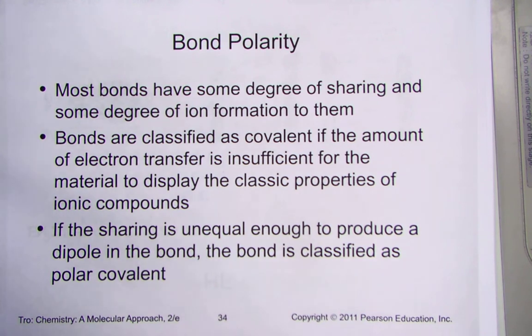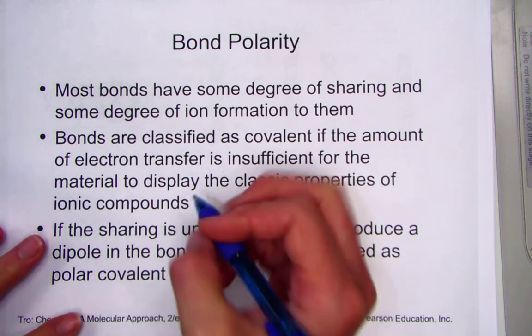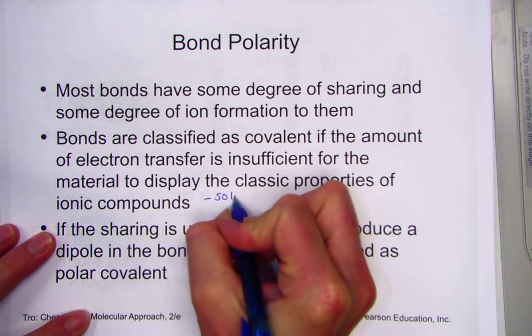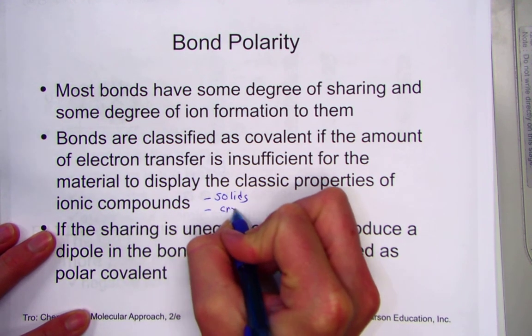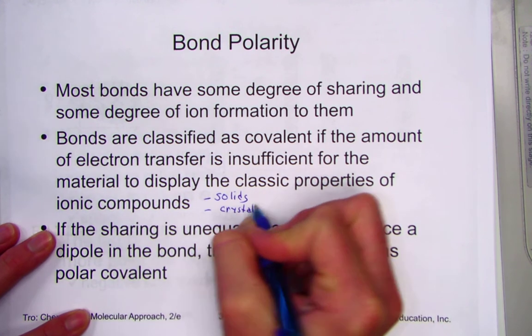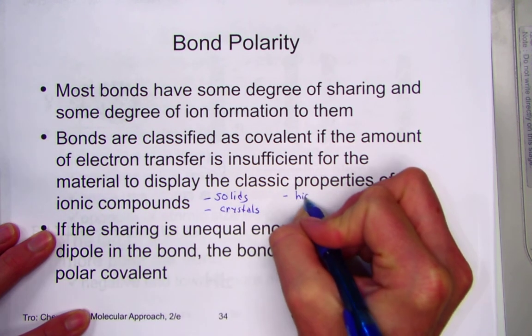Most bonds have some degree of sharing and some degree of ion formation to them. And we classify as covalent if the amount of electron transfer is insufficient for the materials to display the classic properties of ionic compounds. Are they solids at room temperature? Do they form three-dimensional crystal arrays? Do they have high melting points?